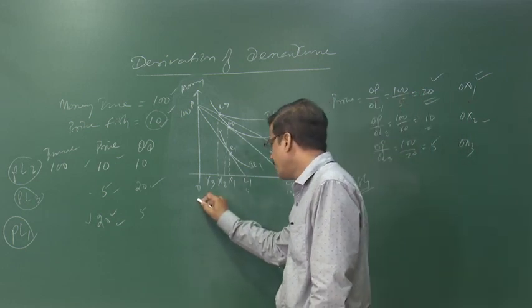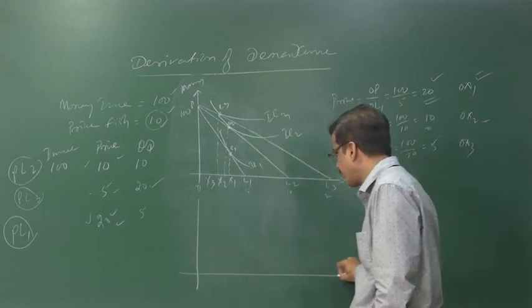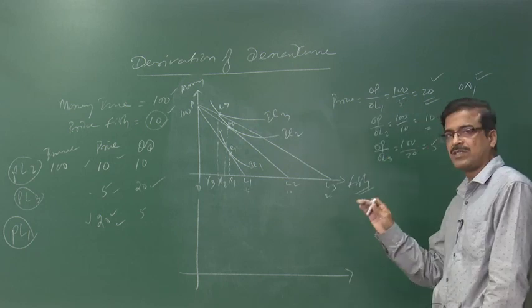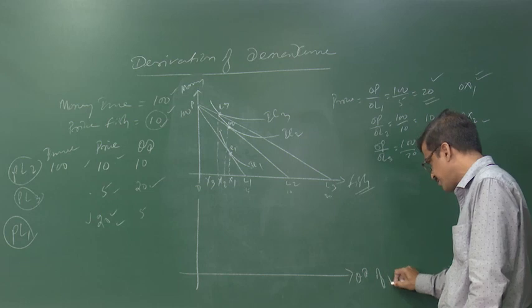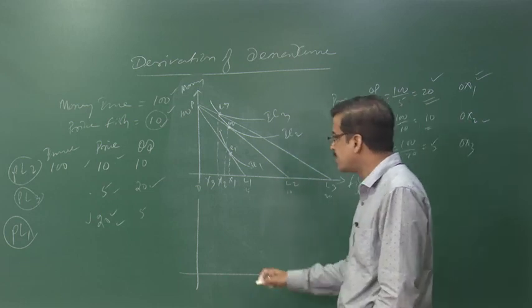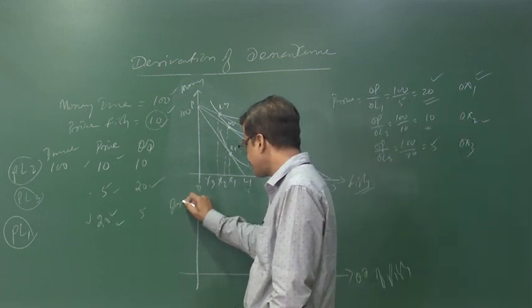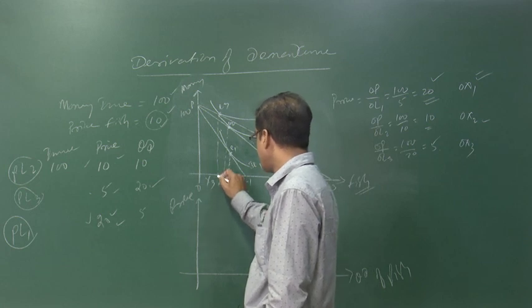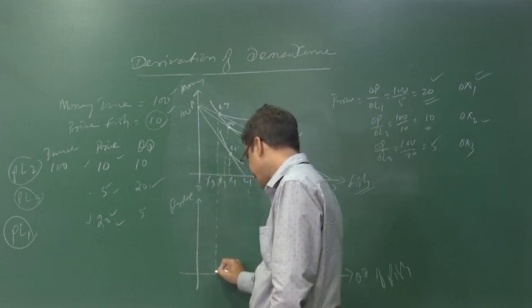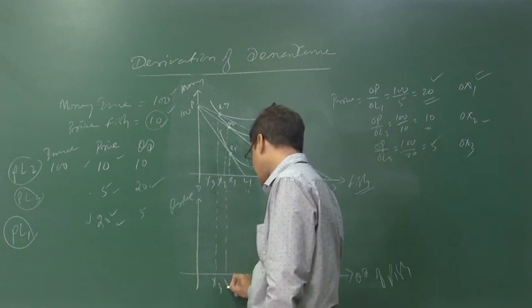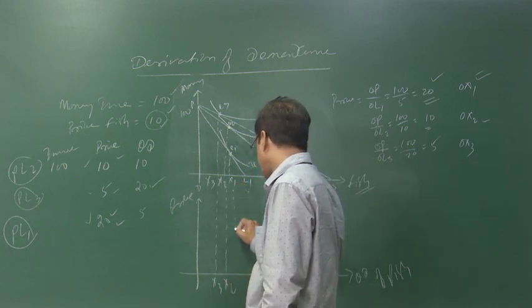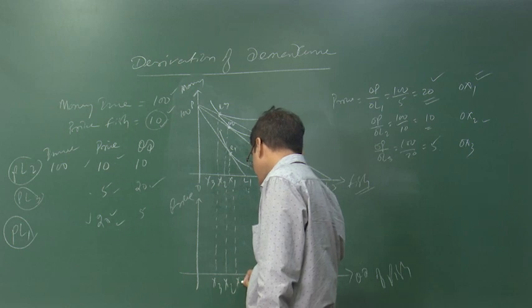Now if we extract those three equilibrium points to derive the demand curve, this is the quantity demanded of FES and this side is the price of the product. We know there are three points: this is X3, this is X2, and this is X1.